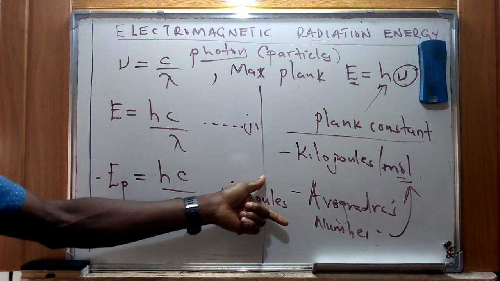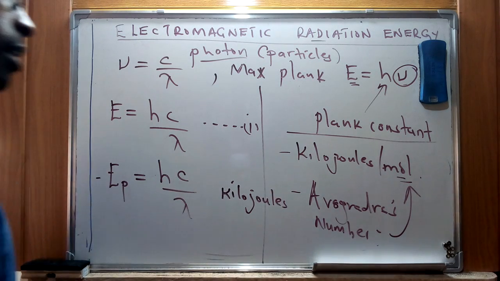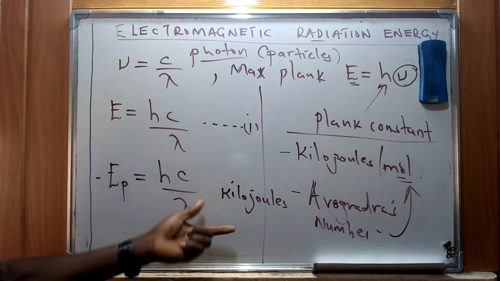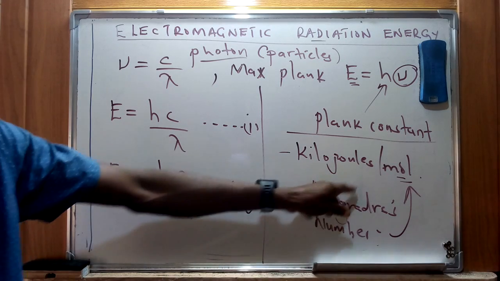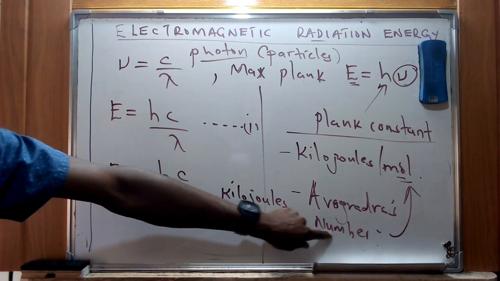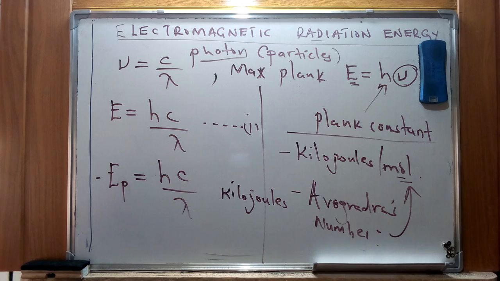So if we are required to give energy in the form of kilojoules, then we can give it an illustration. But if we are asked to give it in kilojoules per mole, then we will require this particular conversion from Avogadro's number in order to find energy in kilojoules per mole.